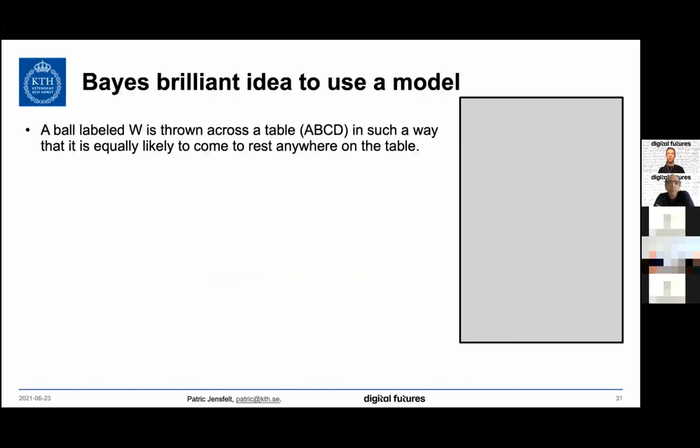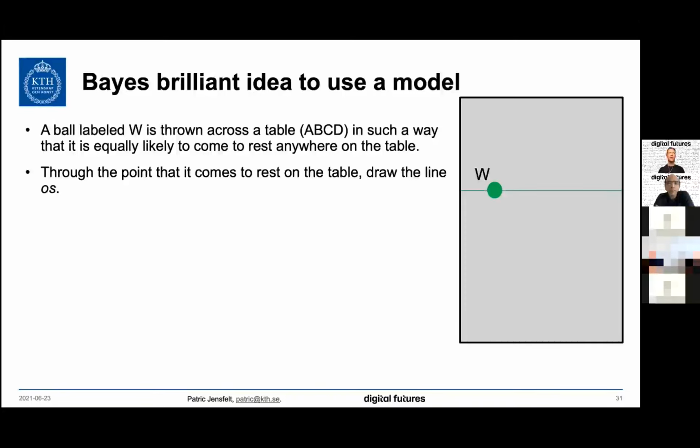So let's make this a bit cleaner. We have the table here, we throw a ball, W, then we draw a line across the table through that ball. And then we start throwing other balls, O, a number of times. So we throw a ball, and then throw another one, and another one, and another one.